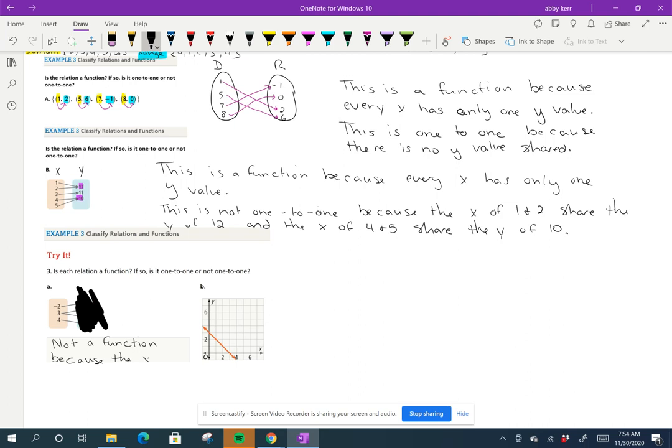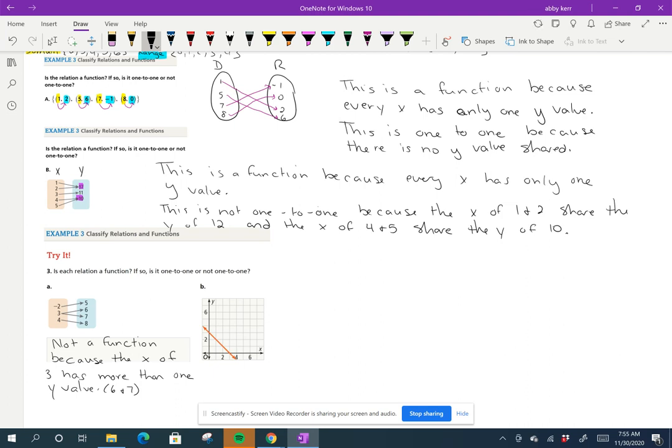Because the x of 3 has more than one y value. And you can be more specific here, you can say the x of 3 has 6 and 7. Or you can just write more than one y value.